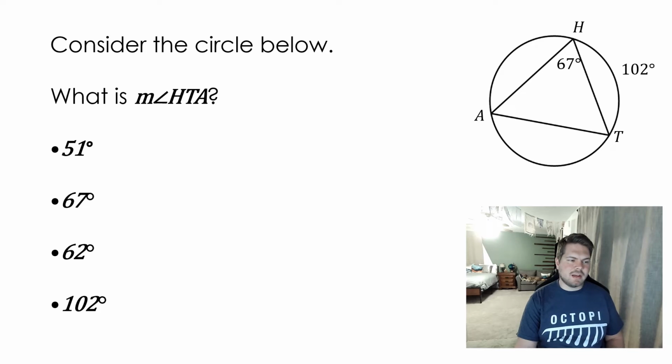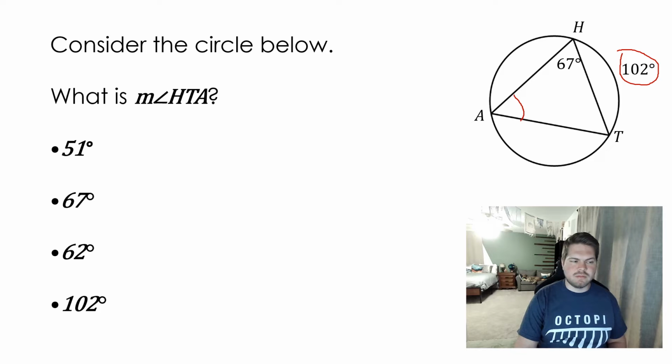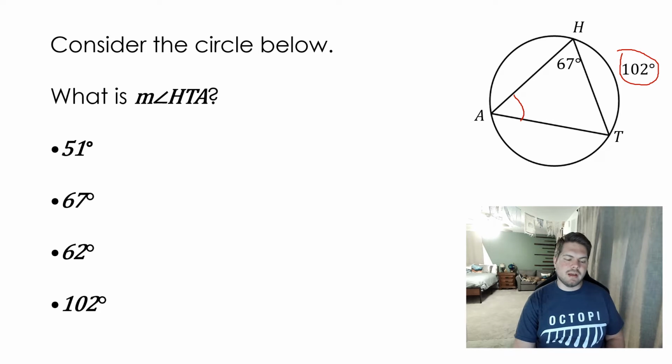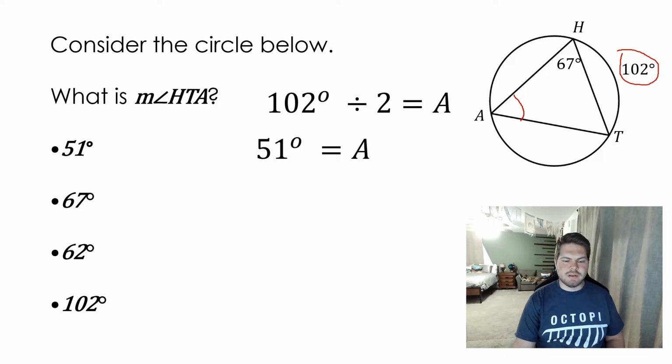This one, we are looking for HTA. We are given this arc length of 102. So we can solve for angle A, which is not the angle we are looking for, but once we know A, we can solve for angle T. Angle A should be 1/2 of 102, so angle A is 51.